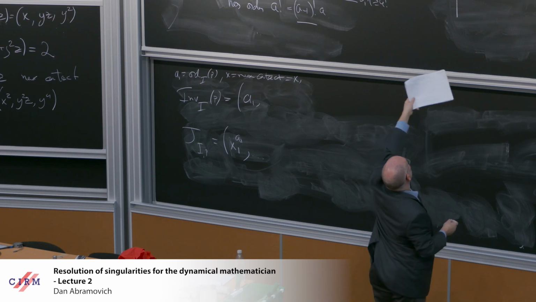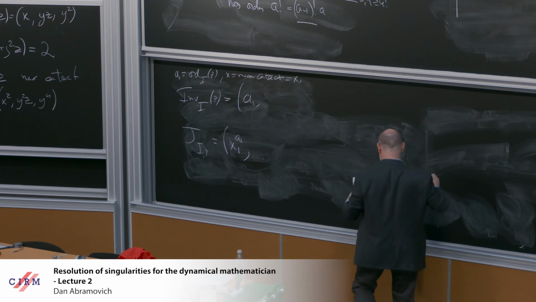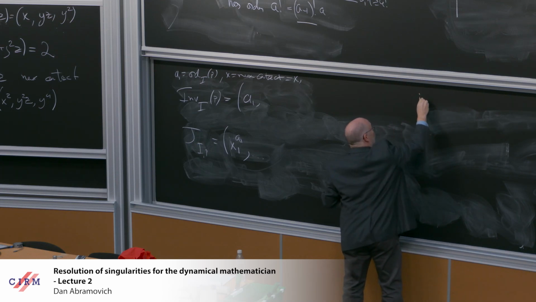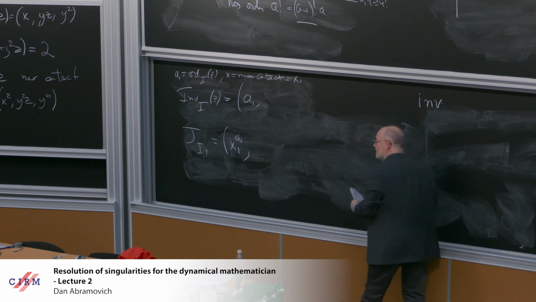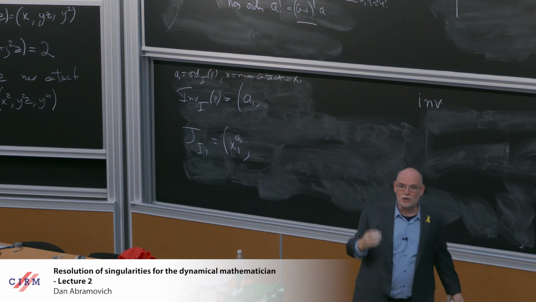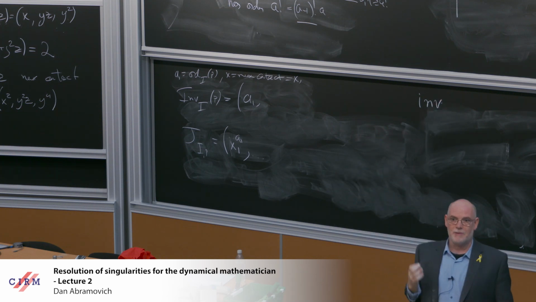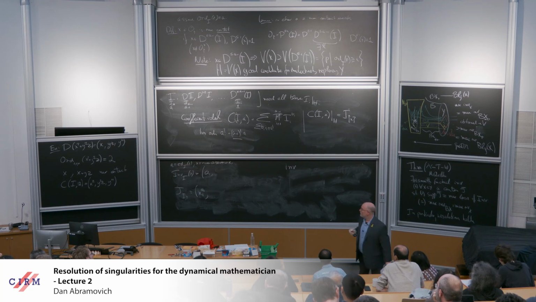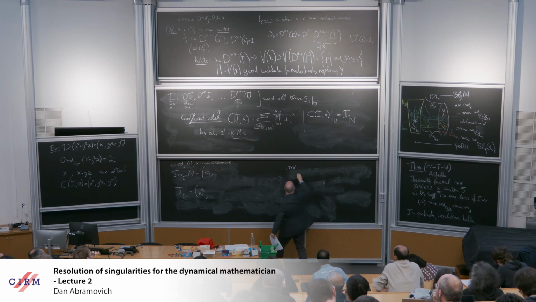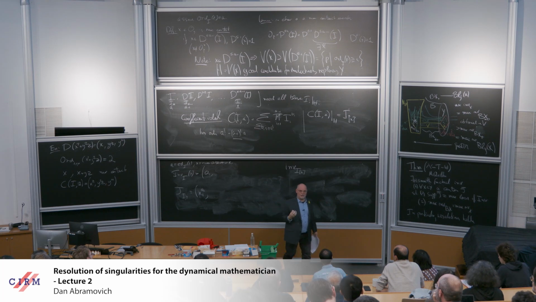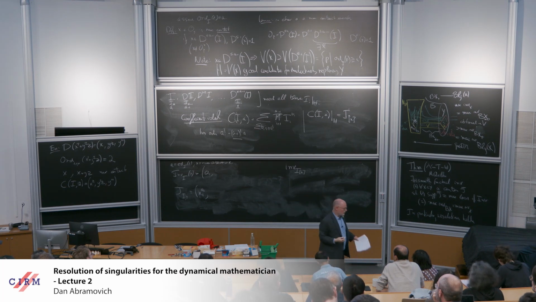Well, I told you which ideal to take. So let's say I already have things defined recursively in one dimension lower. In particular, the invariant of the ideal on H is already defined because it's one dimension lower.